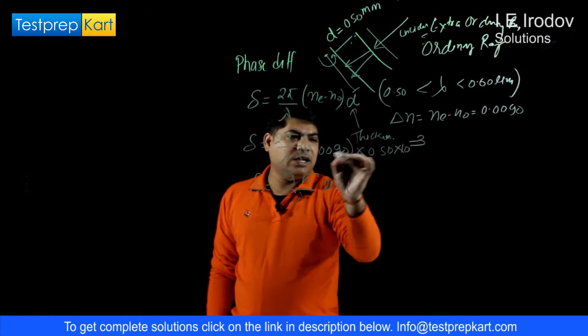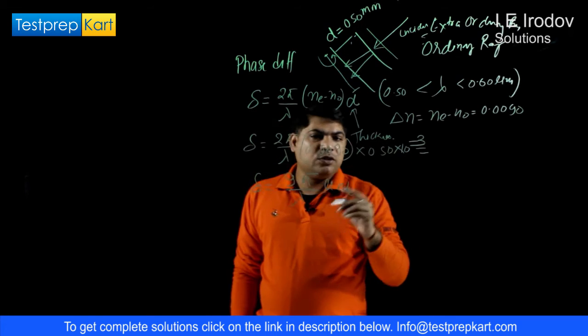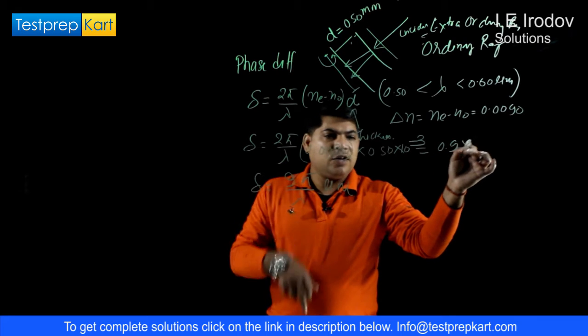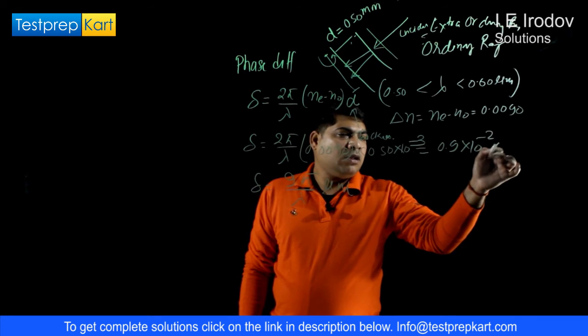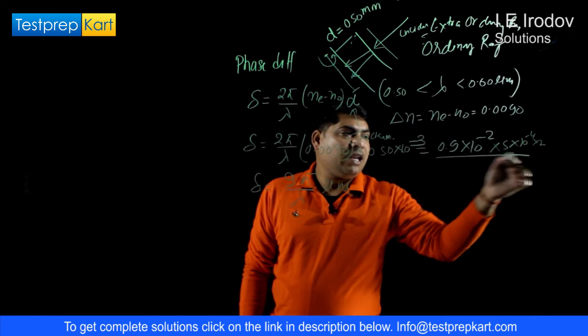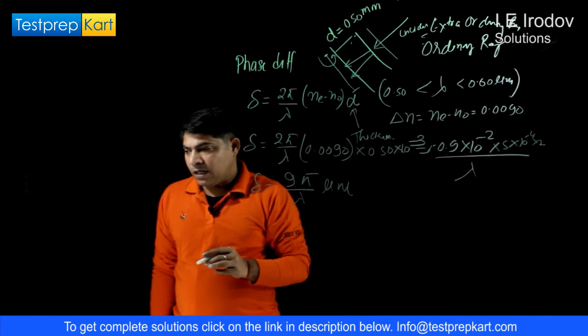Basically we just need to adjust the powers. Let me show the calculation: 0.9 into 10 to the power minus 2 into 5 into 10 to the power minus 4 into 2 pi divided by lambda.